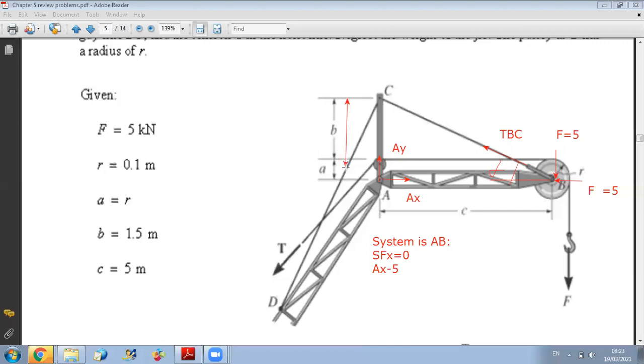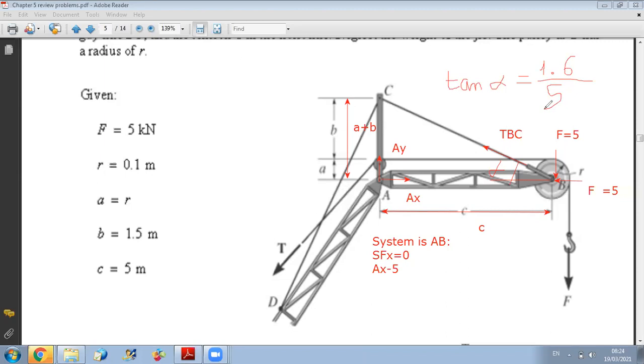You have that this distance is A plus B and this distance here is C. So you can write that tangent of alpha is equal to A plus B over C. A plus B is 0.1 plus 1.5, which is 1.6, so 1.6 over C, which is 5. So you can get the value of alpha.